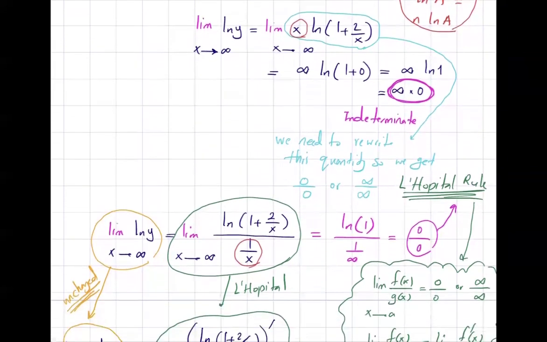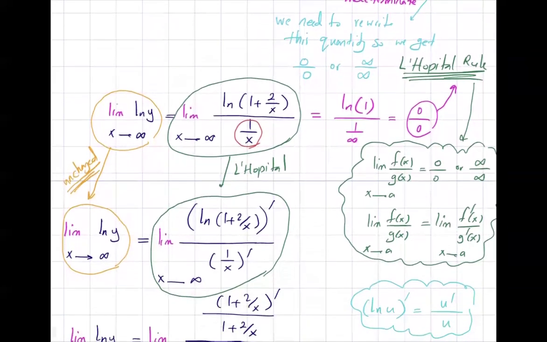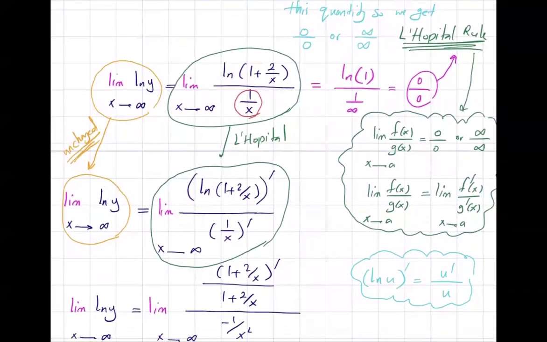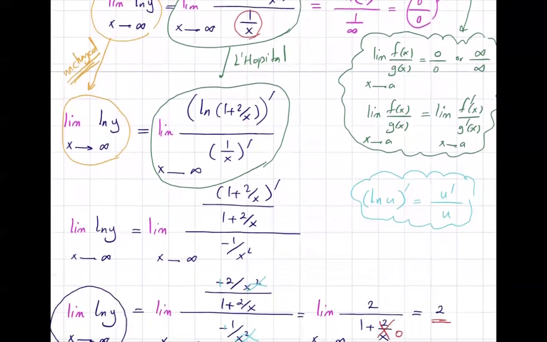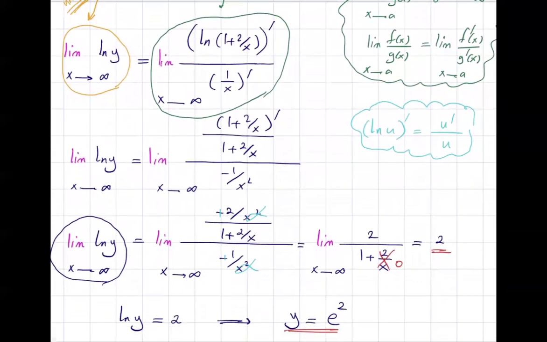Then, if you take the limit, you end up with 0 divided by 0, so you can apply L'Hopital's rule. So, take the derivative of the numerator, take the derivative of the denominator, your left-hand side stays unchanged because there is no 0 over 0 or infinity over infinity to apply. So, after taking the derivative and simplifying it, you see that the limit of ln of y is 2.